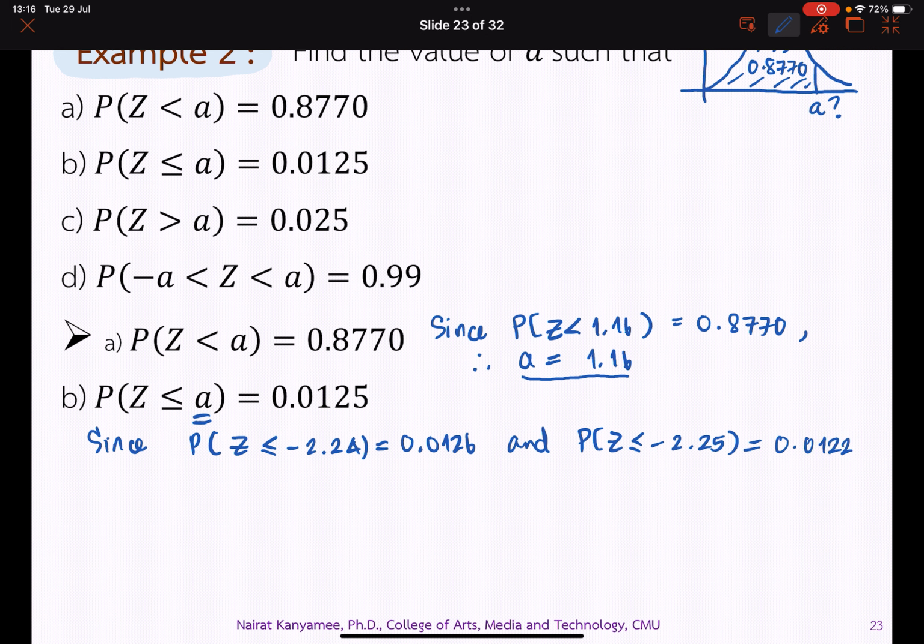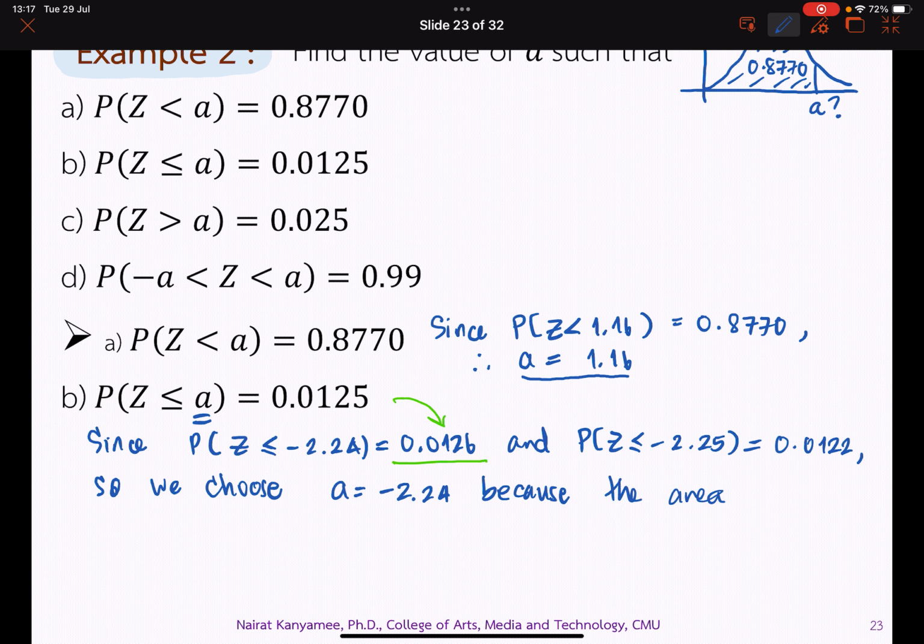So we choose A equals minus 2.24 because the area 0.0125 is closer to 0.0126 than 0.0122, right?